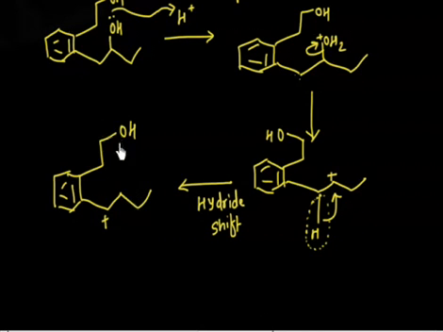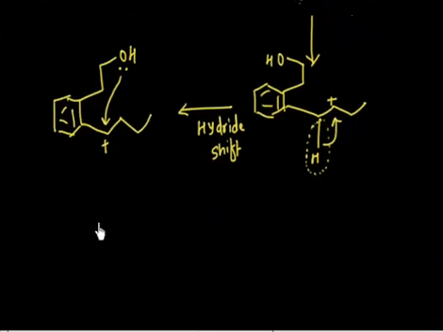Now the next step: oxygen has a lone pair, and this lone pair can attack this carbon. If this happens, you see the size of the ring: 1, 2, 3, 4, 5, 6, containing the oxygen. So you have a 6-membered ring. Initially you have a 6-membered ring, and you have one more 6-membered ring, so you will have this and this.